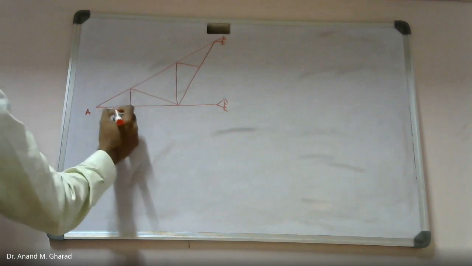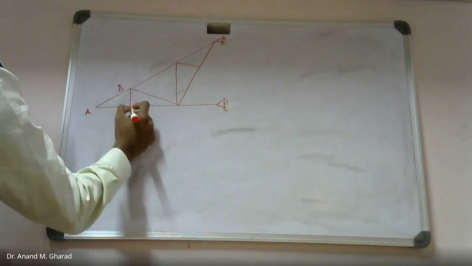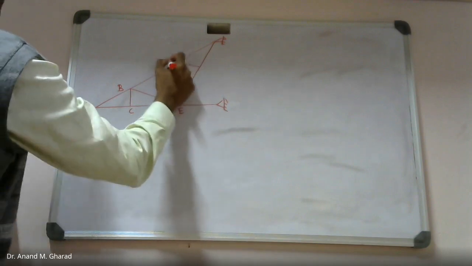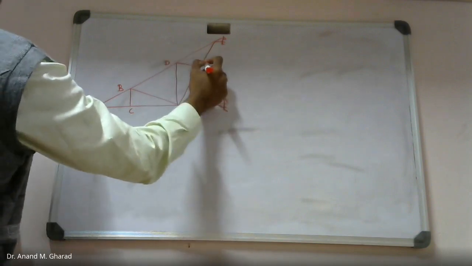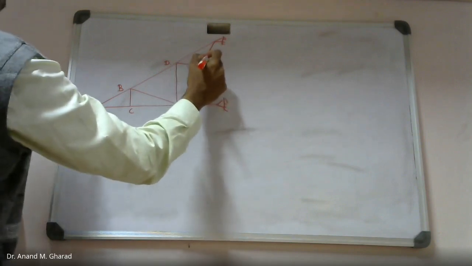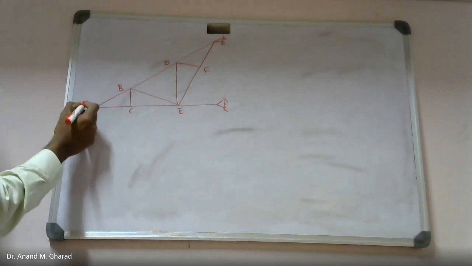Now over here, this is point A, B, C, E, this is D, this is F, and there are few loads.